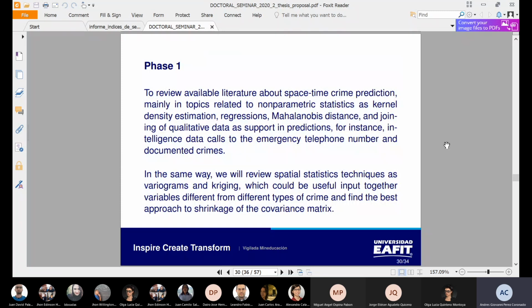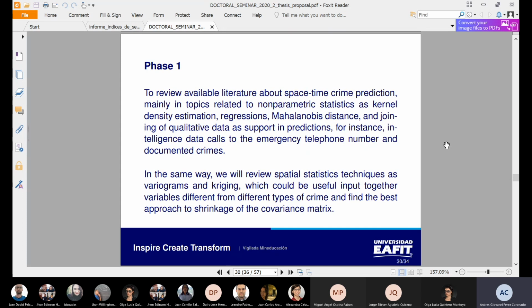Methodology: to review the available literature. Space-time prediction is first, with non-parametric methods, density, regression, Mahalanobis distance, and joining qualitative data that supports prediction, for instance intelligence data and calls to the emergency phone number of documented crimes.